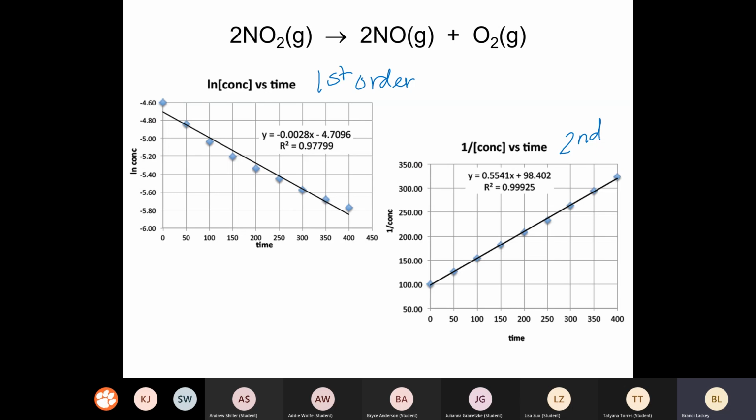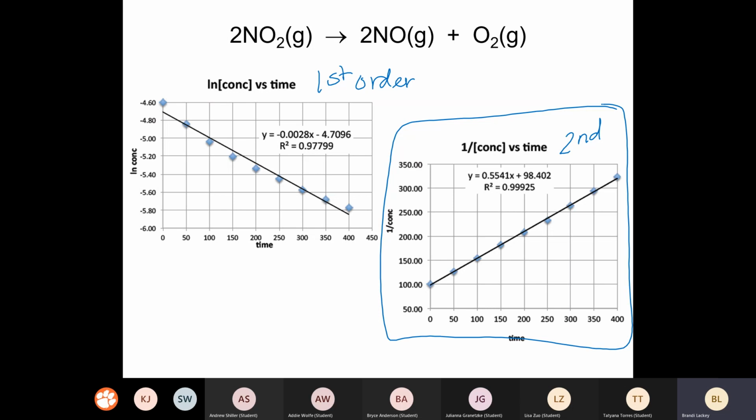Or a lot of times if you're graphing in Excel, it will also give you that R squared value. So which of these two would you say is straighter whenever you're looking at the dots, or the R squared value being closer to 1? Yeah, the one on the right. So this is the straighter line. So therefore, this reaction we know is going to be a second order reaction because the second order rate law is the one that produces the straight line.